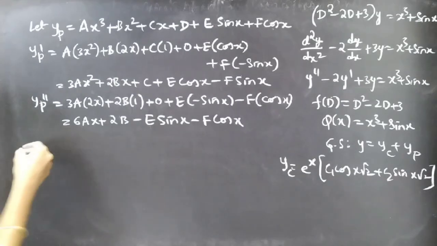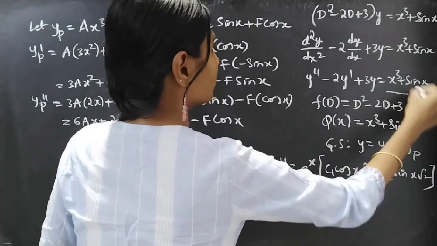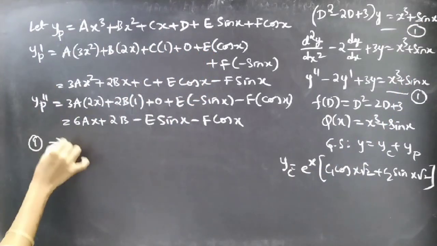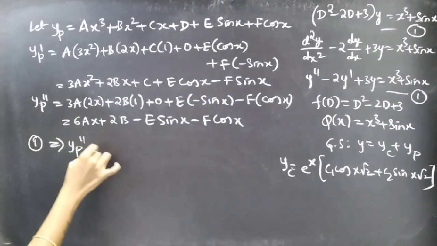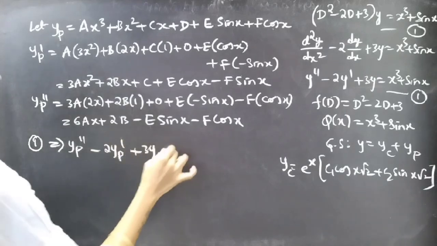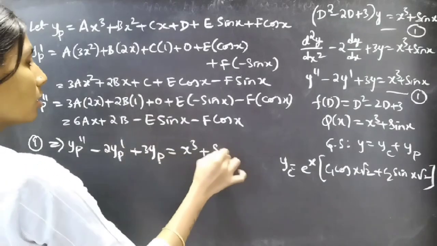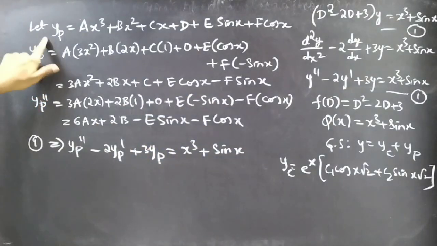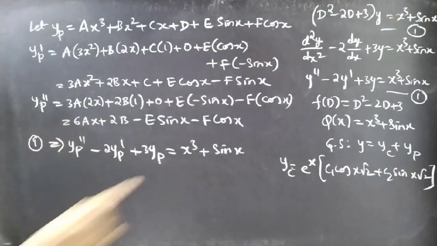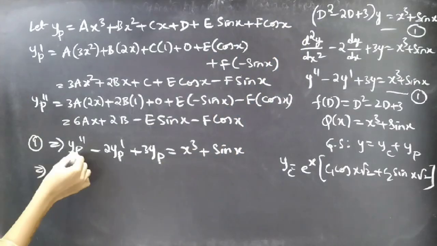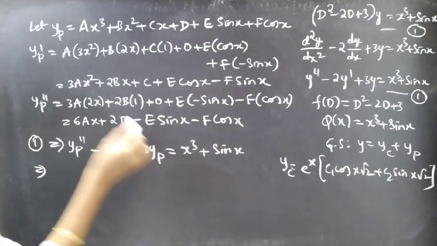Consider the given equation as 1. Equation 1 can be written as yp double dash minus 2yp dash plus 3yp equal to x cube plus sin x. Why are we writing in terms of yp? Because we have picked yp such that it satisfies the given equation. Now substitute yp double dash, yp dash and yp in this.